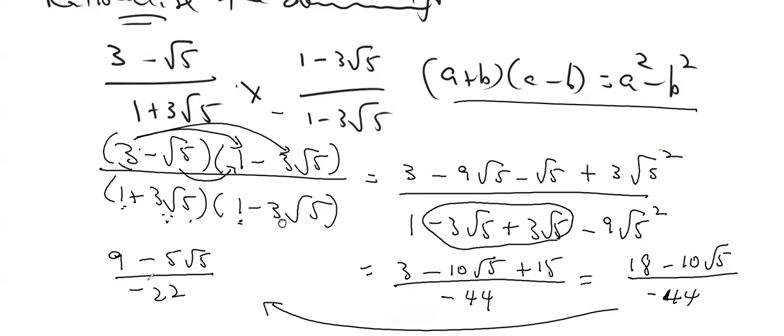So you can do several things with it. You can rearrange this if you want. If we take out a minus sign here, you don't have to do this, but I'm just doing it. Take out a minus sign, so you get minus, minus 9 plus 5 root 5.